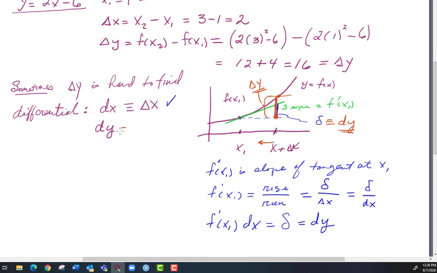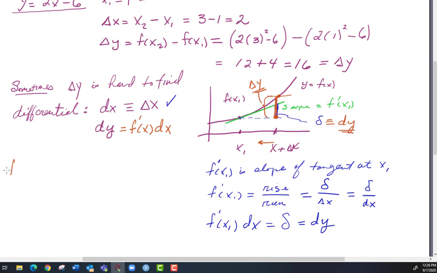So dy is equal to, this is by definition, f prime x dx.